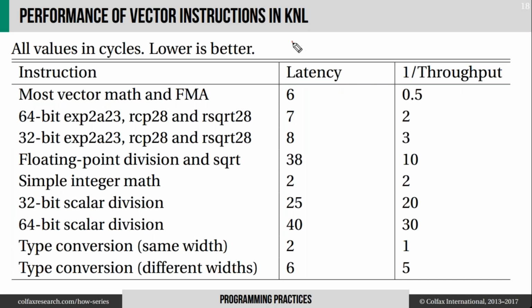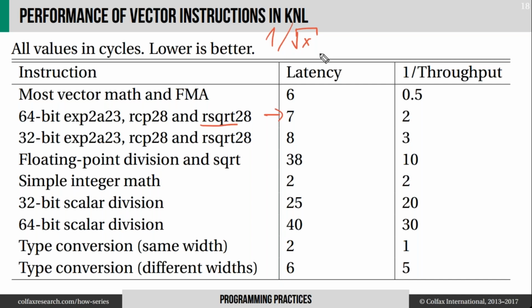If you're requesting an instruction, square root of x, or 1 over the square root of x, it has a latency in double precision of 7 cycles. So I will have to wait 7 cycles before the result of that vector square root is delivered to me.